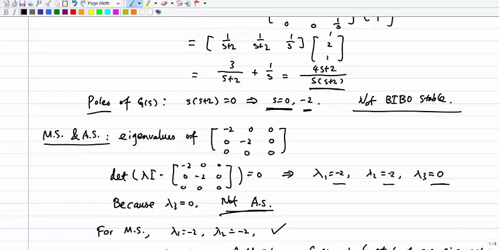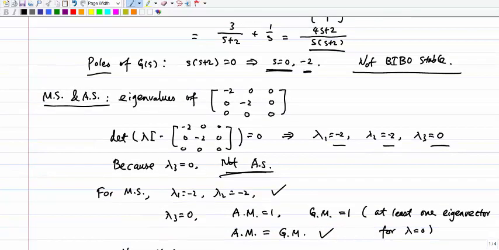So for marginal stability, we have to check the eigenvalues: either the eigenvalues have zero real parts, or they have negative real parts. For those with zero real parts, we have to calculate the algebraic multiplicity and geometric multiplicity.